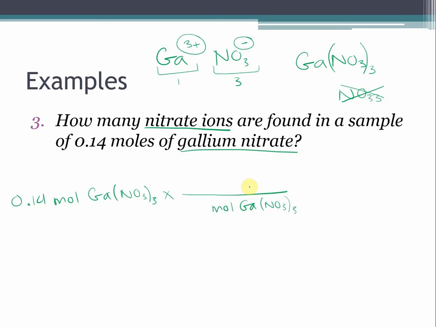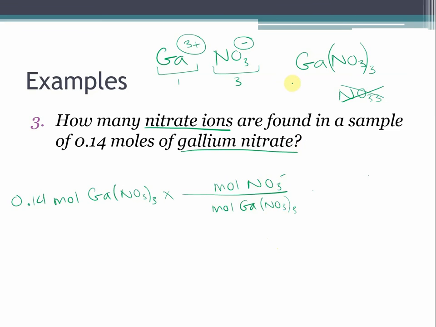You could go to formula units of gallium nitrate, and then you'll do 1 more fraction. In 1 formula unit, there are 3 nitrates. Personally, that is not my favorite method. So I'm going to go from moles of gallium nitrate to moles of nitrate ions.